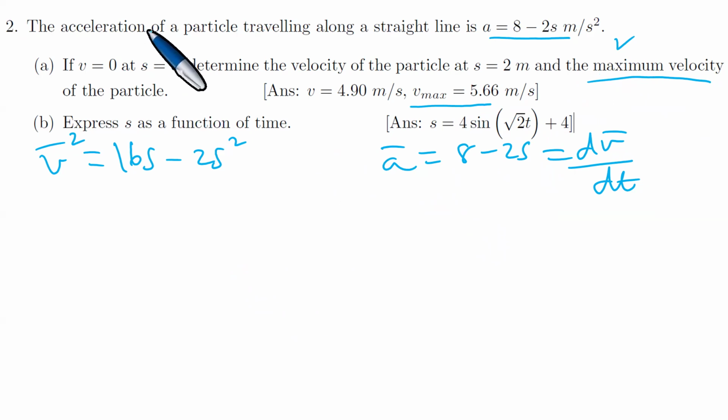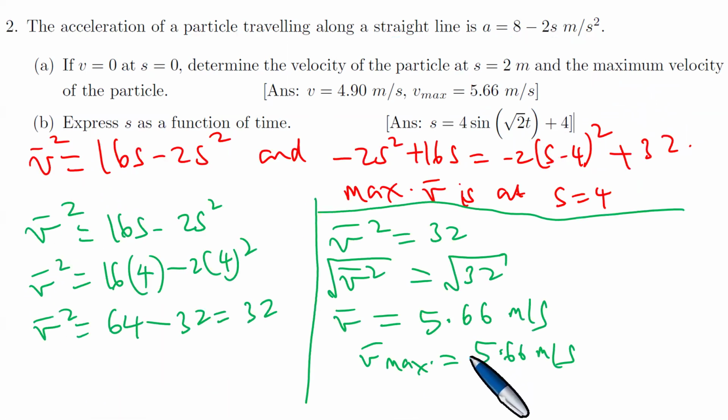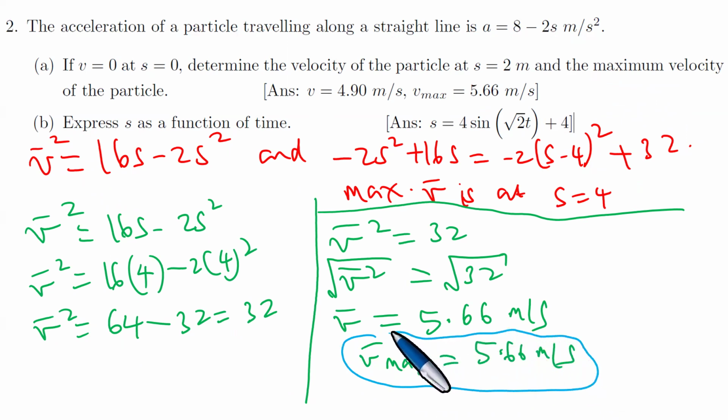We need to know that the particle is traveling along a straight line and its acceleration is given by that, and therefore its square of the velocity is given by that. Let's just stick to the first method we used, so that Vmax is 5.66.